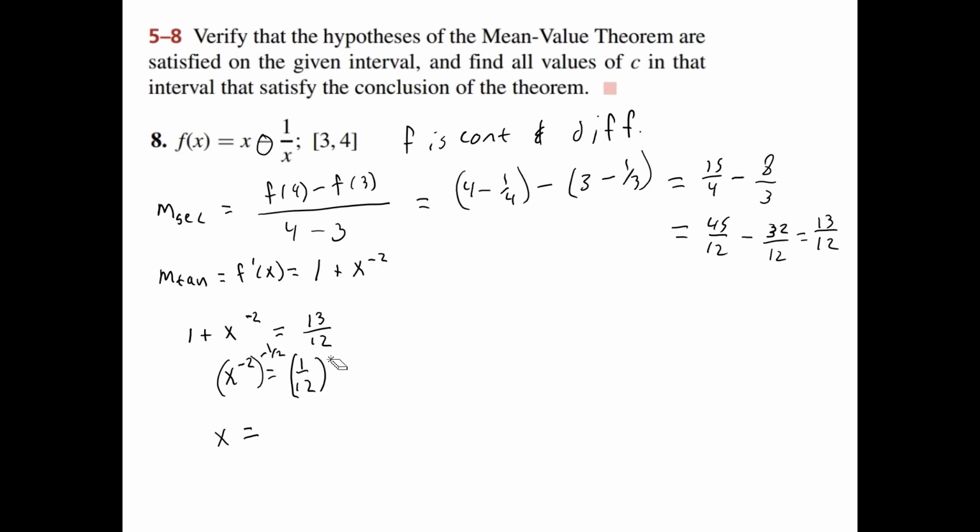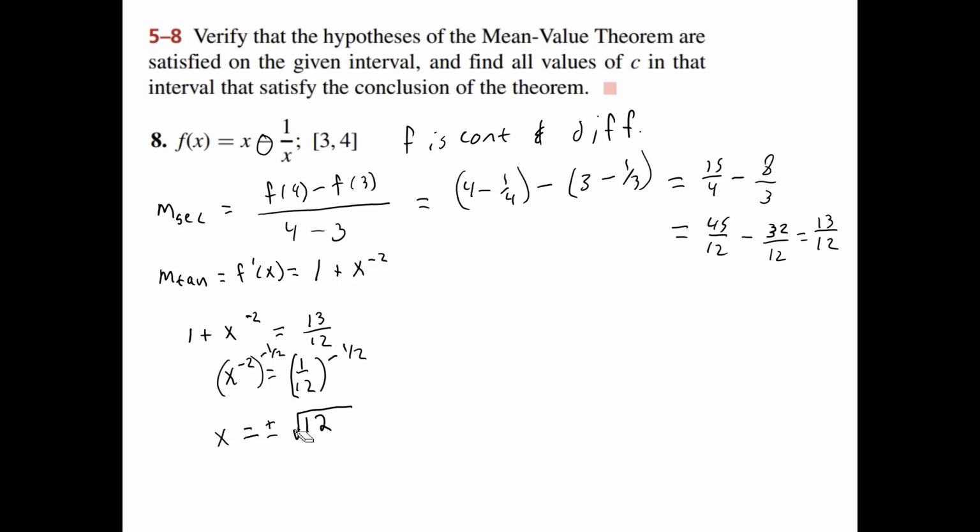But when we raise the 1/12 to the negative 1/2, the negative flips it and gives us the 12. The 1/2 square roots it. But when we're using this 1/2, there's always a plus or minus because that means we're square rooting.